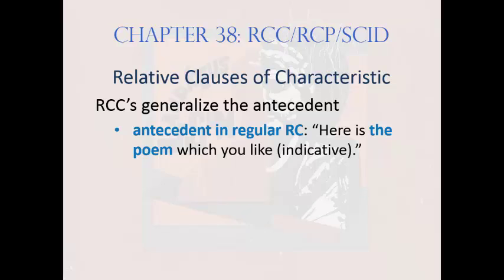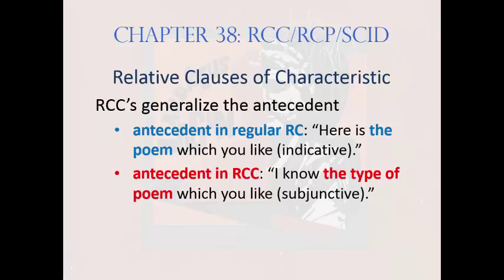In a regular relative clause, one that uses the indicative, the antecedent is specific, a clear, real thing you can point at. For instance, here's the poem which you like. In Latin, the verb like will be indicative because the poem under discussion is a real and specific one. The Aeneid, for instance. If you haven't read it already, you're going to love it. Everyone does.